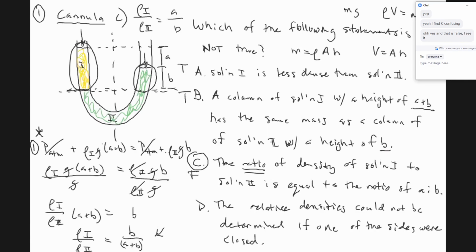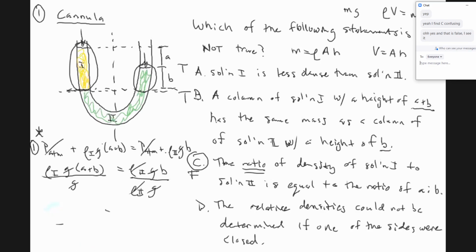Good? Okay. So let's explain D, because there was another statement to explain D. The relative densities could not be determined if one of the sides were closed. So imagine if I put a stopper on one side of this tube.